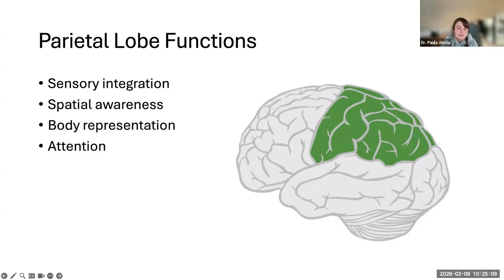So these deficits can significantly affect daily functioning, even when strength, sensation, and basic cognition appear intact. So in neuropsychological assessment, parietal lobe dysfunction is often revealed through tasks involving visuospatial processing, construction, and attention, highlighting the importance of these regions in bridging perception and action.